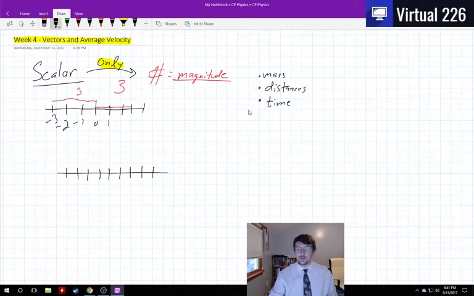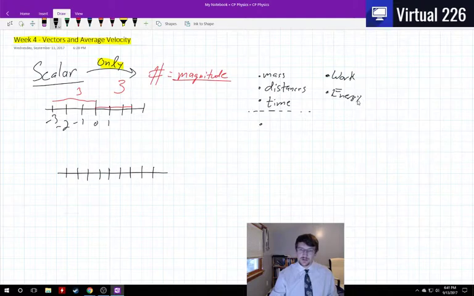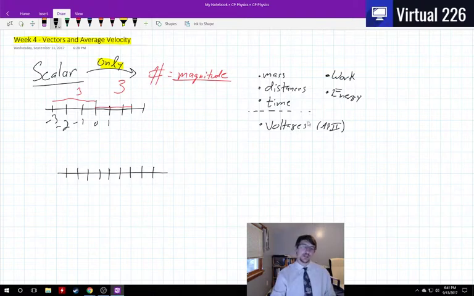If you're an AP2 kid sneaking in here, we'll also see that work is a scalar, which means that energy needs to be a scalar, and then that gives us voltages, which are technically scalars, as these are potentials.